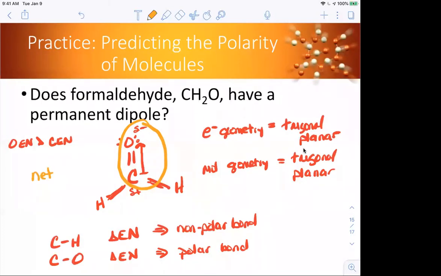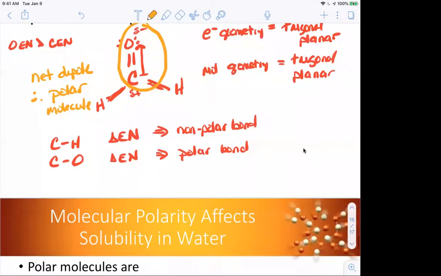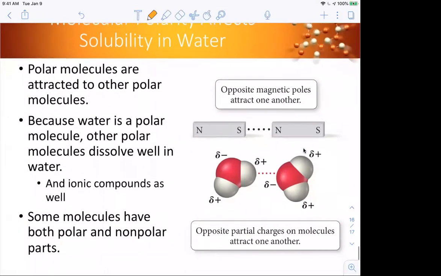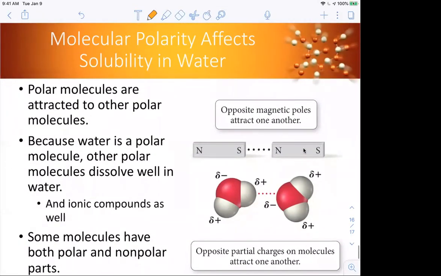So I do have a net dipole. So therefore, this molecule is polar. And this would be considered to be a permanent dipole, which is going to be important when we look at intermolecular forces.